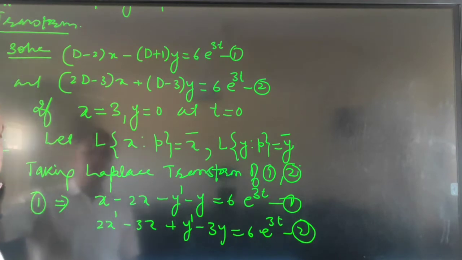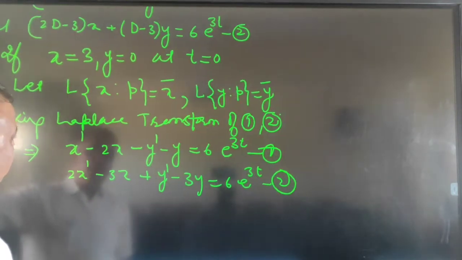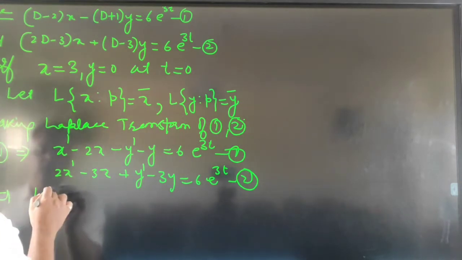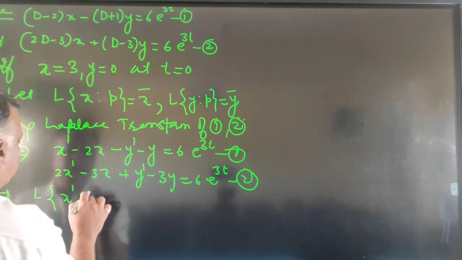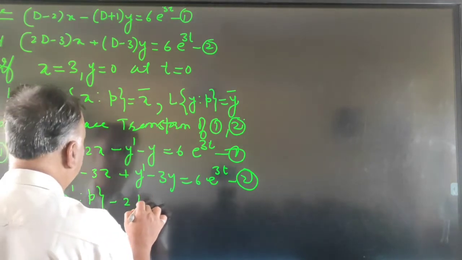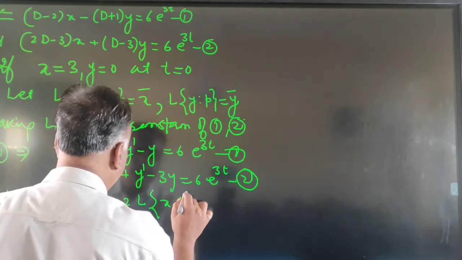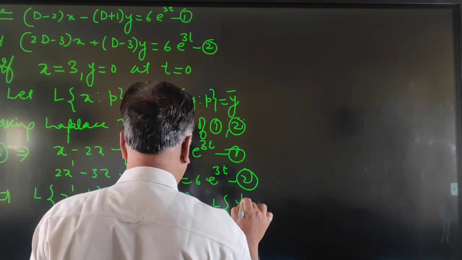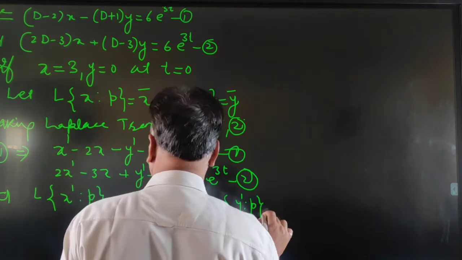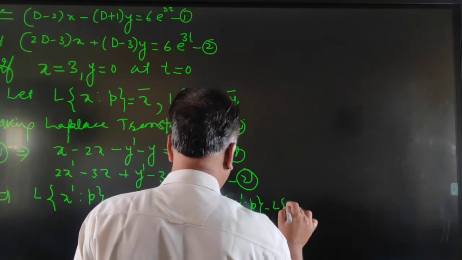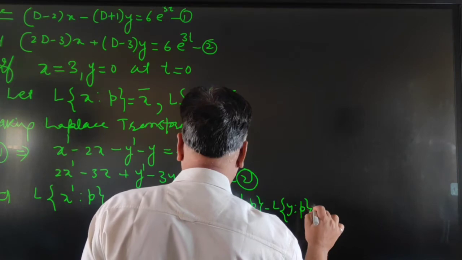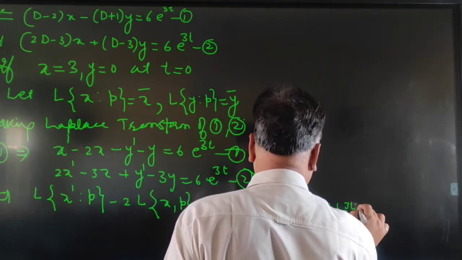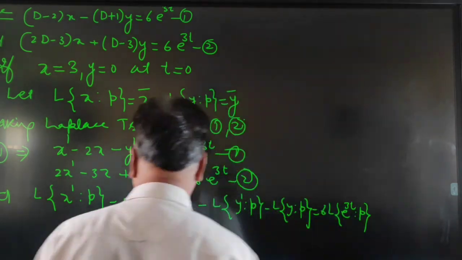Now taking the Laplace transformation of these equations, we get the Laplace transformation of x' with respect to p, minus 2 times the Laplace transformation of x, minus the Laplace transformation of y', minus the Laplace transformation of y, equals 6 times the Laplace transformation of e^(3t) with respect to p.